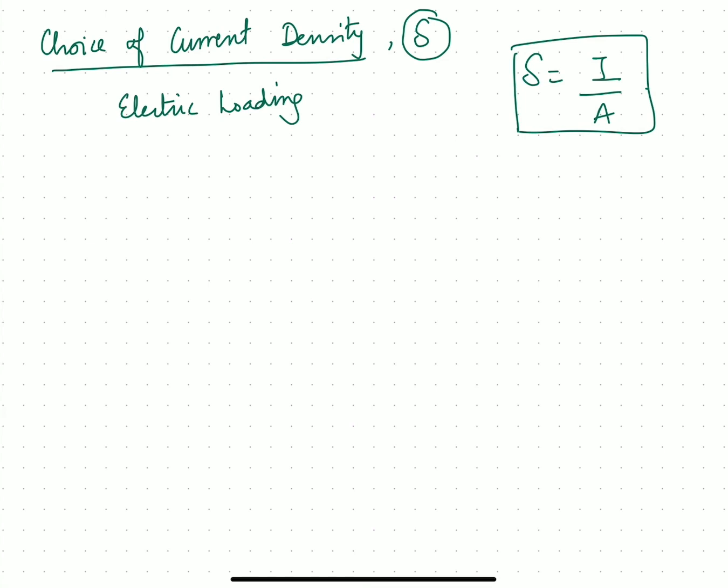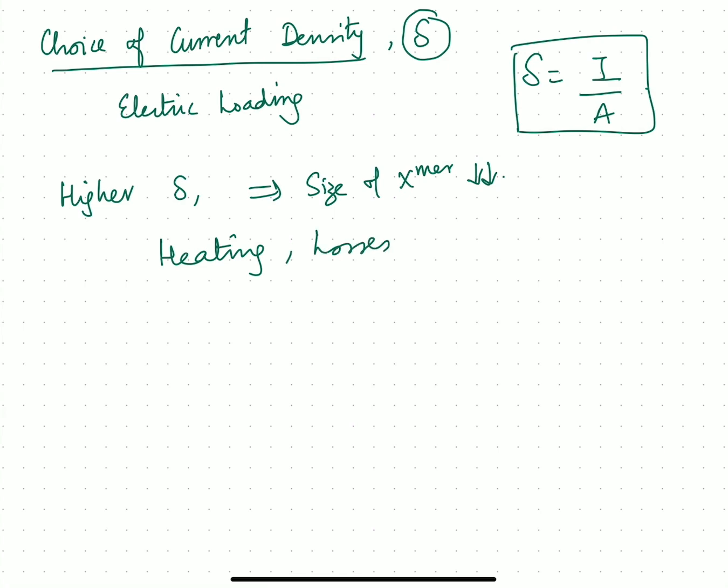If you have a higher value of current density, you will have smaller dimensions of the transformer. Higher delta means the size of the transformer is reduced. But is that very good or very bad? Let's see. If you have higher loading or higher delta, you have heating issues and losses, right?